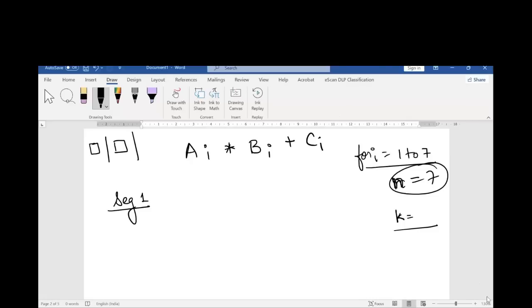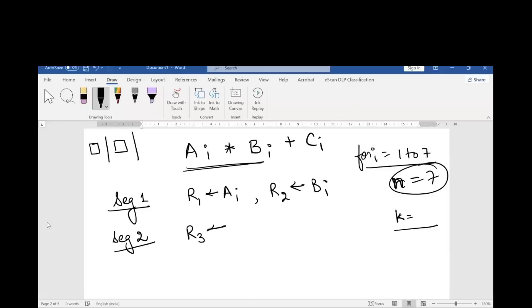For carrying out some task, I'll first need to load my data into a register. So in segment 1, we'll load the content of Ai and Bi to R1 and R2 respectively, because I need to carry out this multiplication first. In segment 2, what will we do? We'll perform multiplication of R1 and R2.